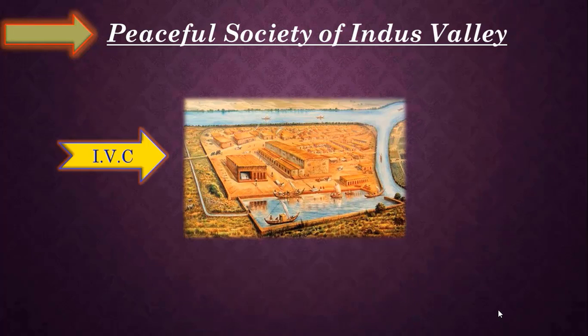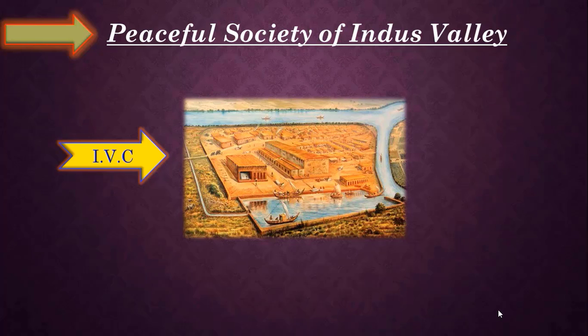The inhabitants of Indus Valley were civilized and they led a peaceful life. In this lesson, we shall focus on different aspects or features of Indus Valley civilization through which a peaceful society was formed within Indus Valley.